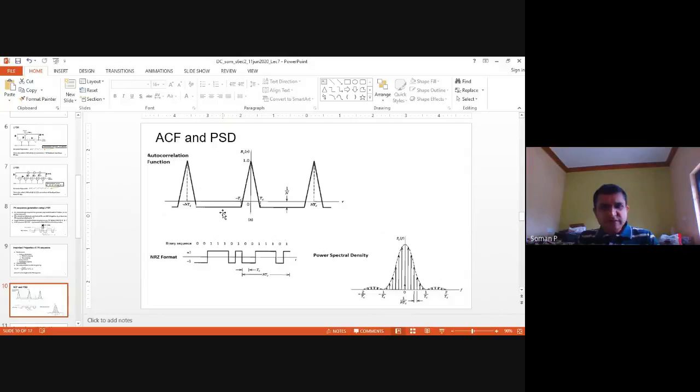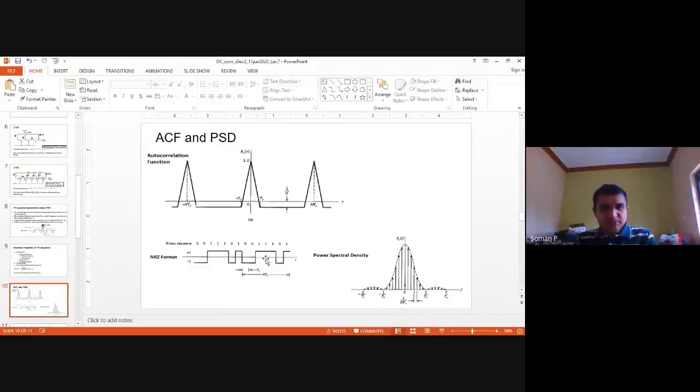So if there is a question like this is the PN sequence, let's consider a case where n equal to 1023. When k or tau equal to 0, what is the autocorrelation function? Same, there is no calculation required.